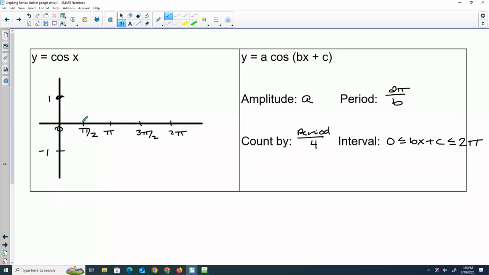Cosine starts at 1. Any issues with sine and cosine?